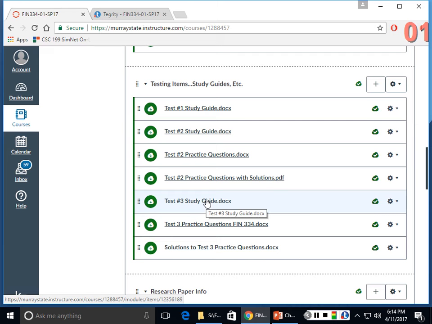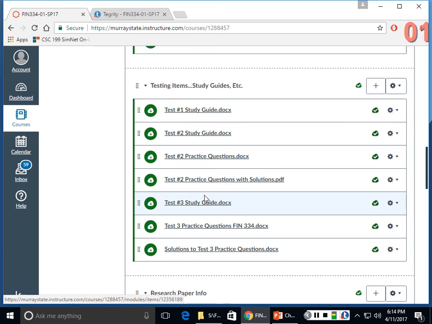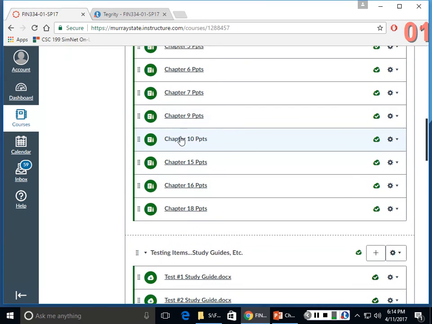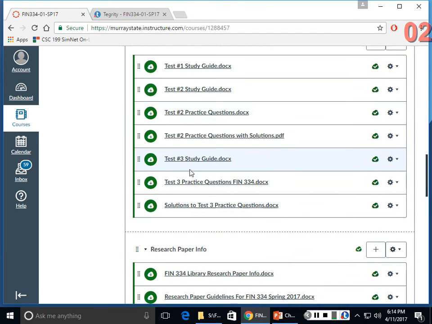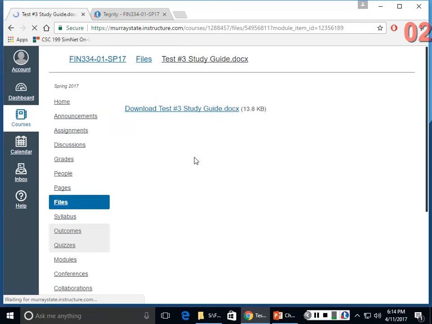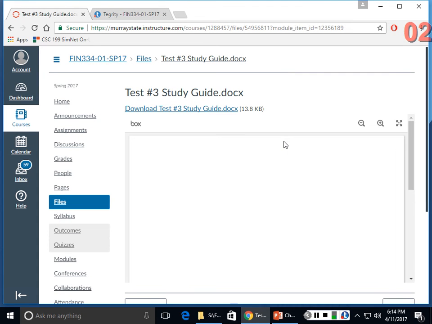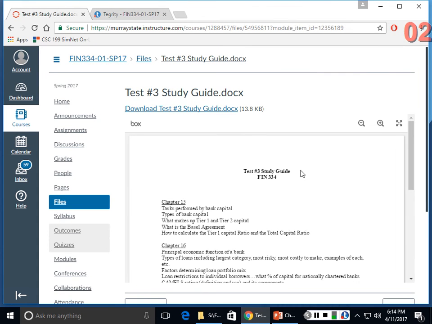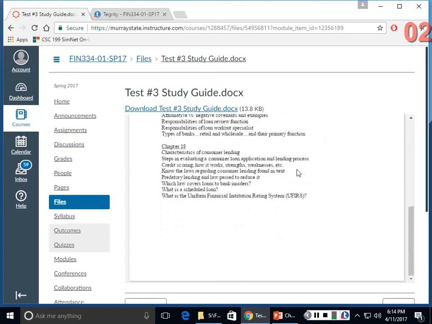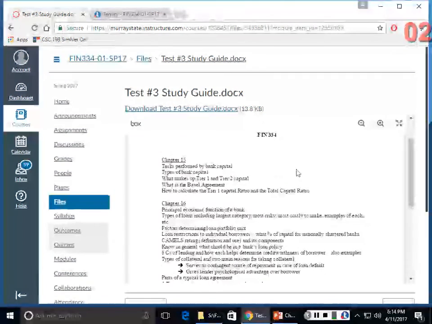It's going to cover 3 chapters. Let me check, it's changed completely.